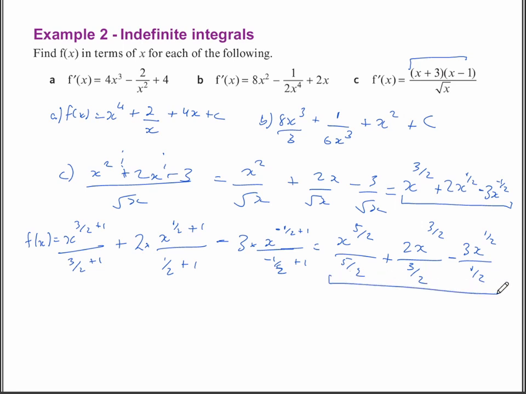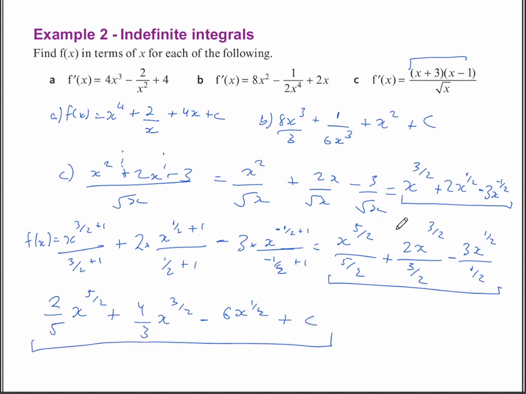Then again, rewriting this, we will get 2/5 x power 5/2 plus 4/3 x power 3/2 minus 6x power 1/2. Then we obviously have our plus c at the end. And that will be the function from this derivative right here.